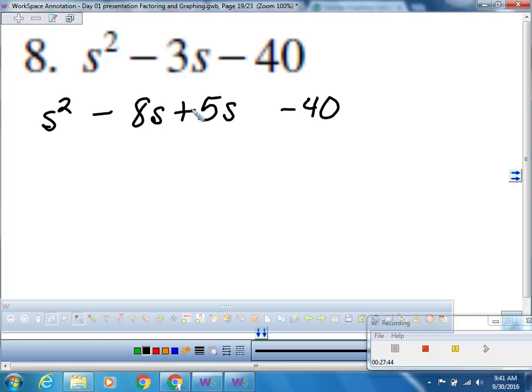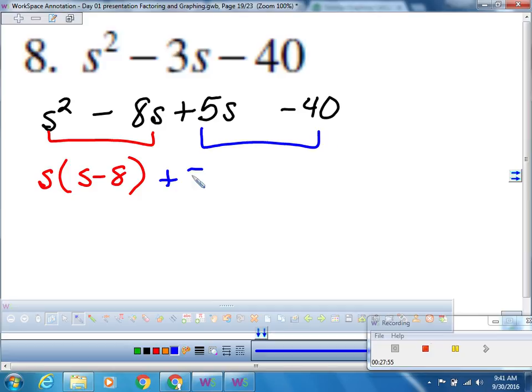All right, so now I'm going to factor here. Factor out an s, and I get s minus 8. And over here, I'm going to factor out a 5, and I get s minus 8. And I say, bingo, I know I did it right because I've got something that matches. So I'm going to factor s minus 8. What's left over if I take the s minus 8 away? s plus 5.